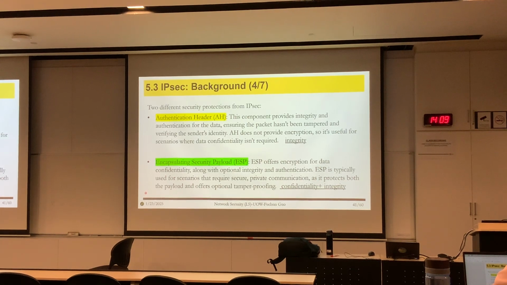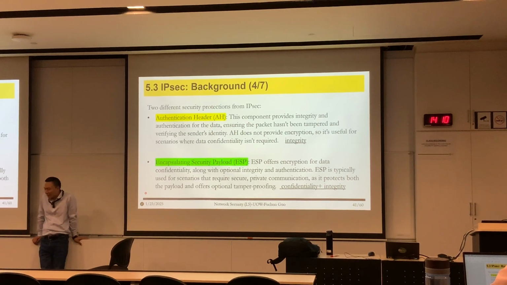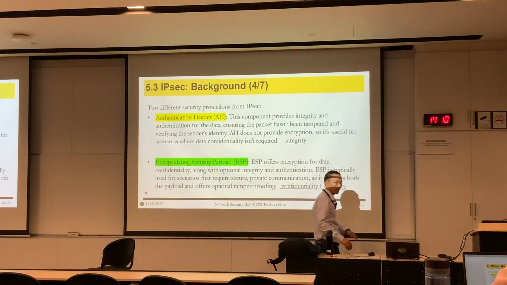And ESP is typically used for scenarios that require secure private communications, as it protects both the payload and also the header. So for simplicity, you can just understand that ESP has confidentiality and it has integrity. Just make sense of it. You don't need to follow all the details.